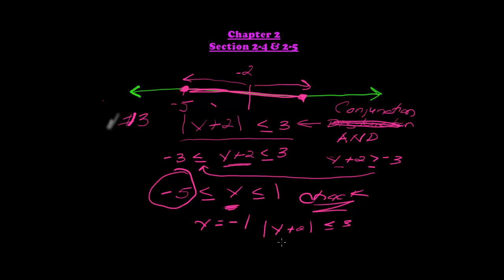Y equals negative 1. So y is negative 1 plus 2. Is it less than or equal to 3? Well, y is negative 1, so negative 1 plus 2 is positive 1. Is the absolute value of positive 1 less than 3? Yes, it is. The answer checks.